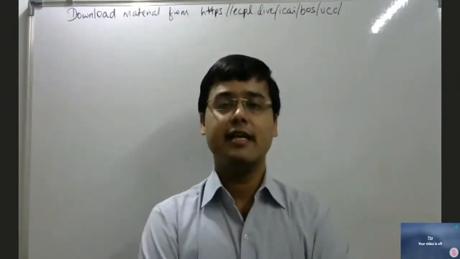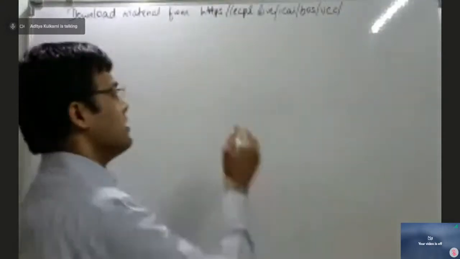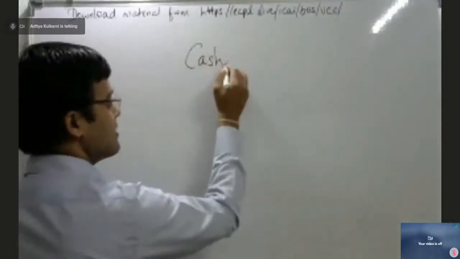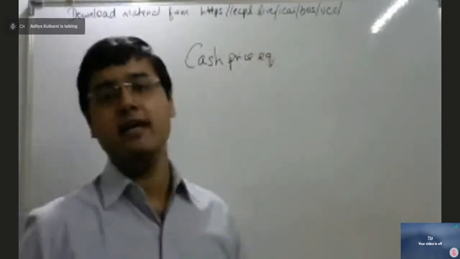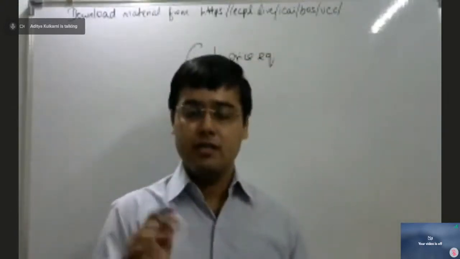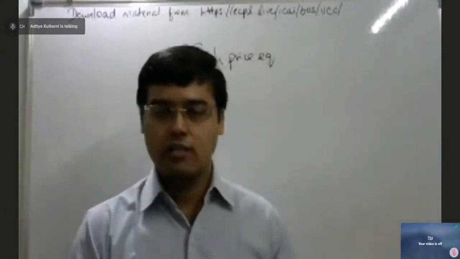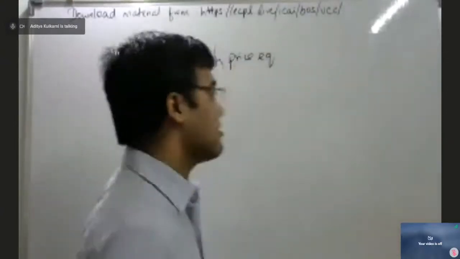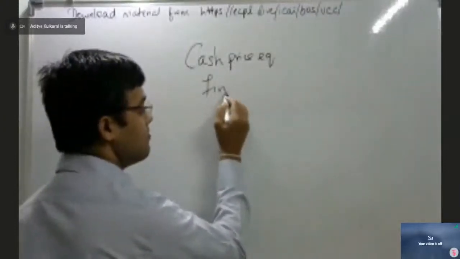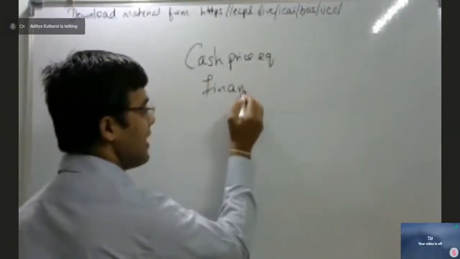So what does the standard tell you? In today's terms, what is the cash price equivalent? Cash price equivalent means if you pay today, how much will you pay? That would represent the cost, and the balance portion which you are paying extra would be my finance cost.